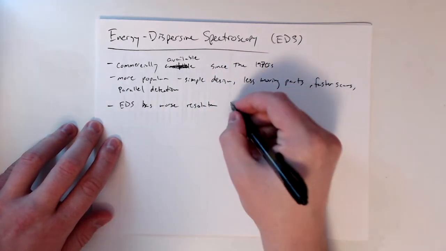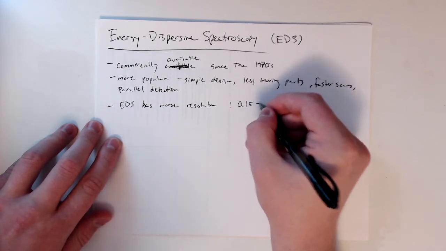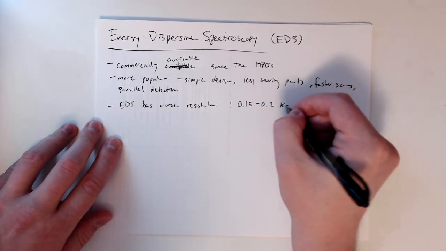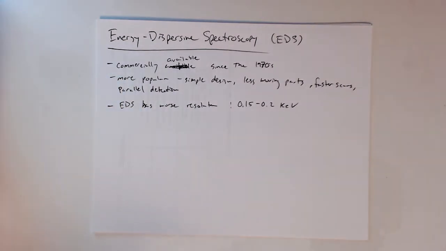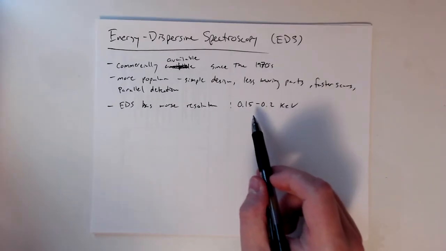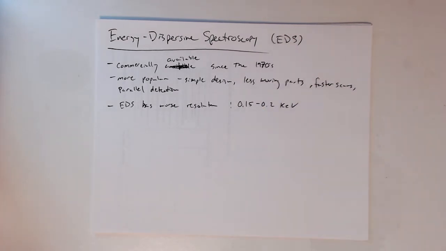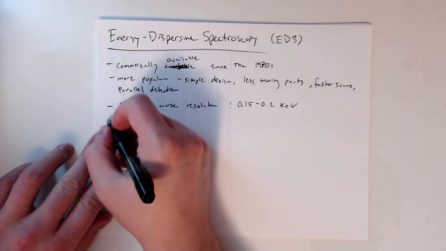And that tends to be on the order of 0.15 to 0.2 keV. So again, order of magnitude, we could get 0.01 keV for WDS. So that's definitely an improvement if you're talking about WDS.